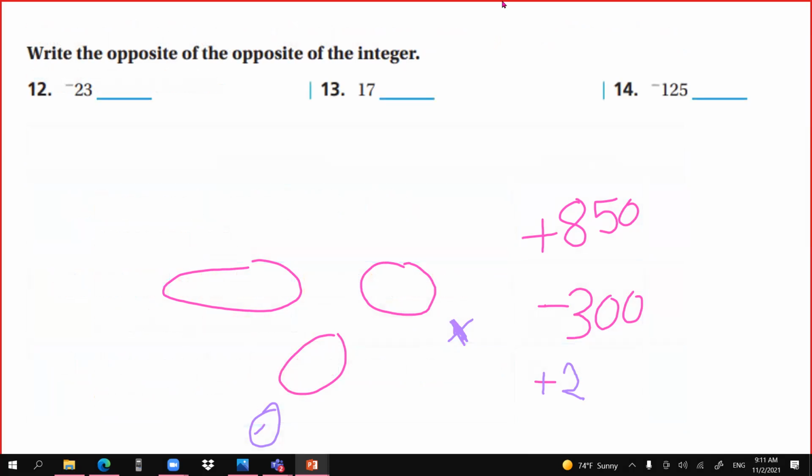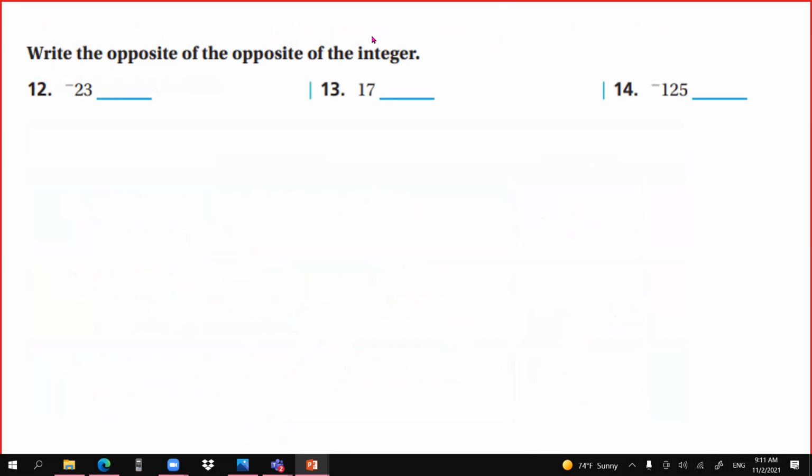Okay, now the last one. Write the opposite of the opposite. So here I ask you to write the opposite of the opposite. Negative 23. Let's go now with Jumana. What is the opposite of the opposite of negative 23? Negative 23.